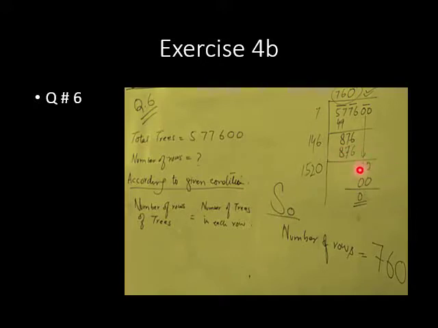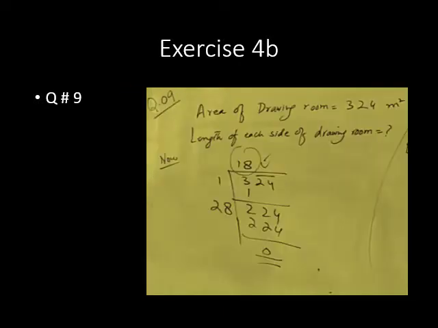These two zeros will be written here as they are, and 1 will be written here in our solution. So number of rows is 760. So number of trees in each row is also 760.